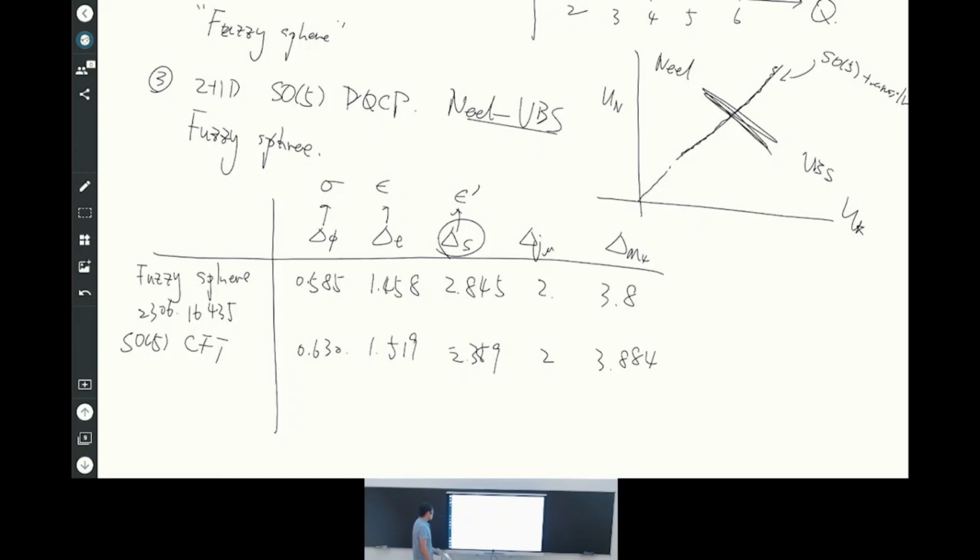And two months ago, there was another paper based on a Monte Carlo calculation on the JQ model. And the data they get is also close to our results. This is 0.27, and this is 1.71. This is 2.